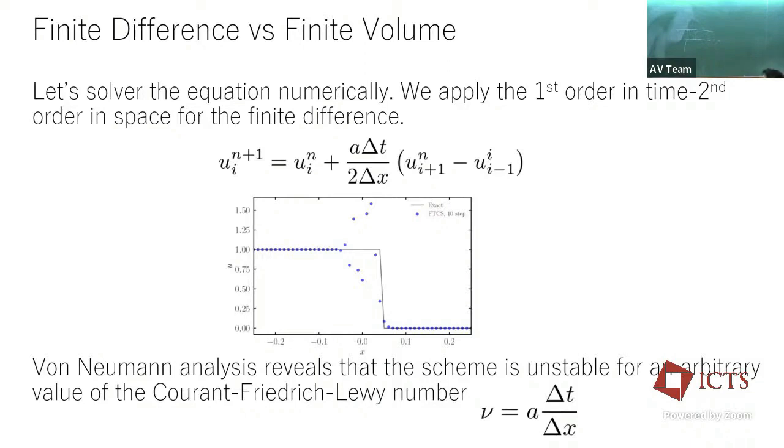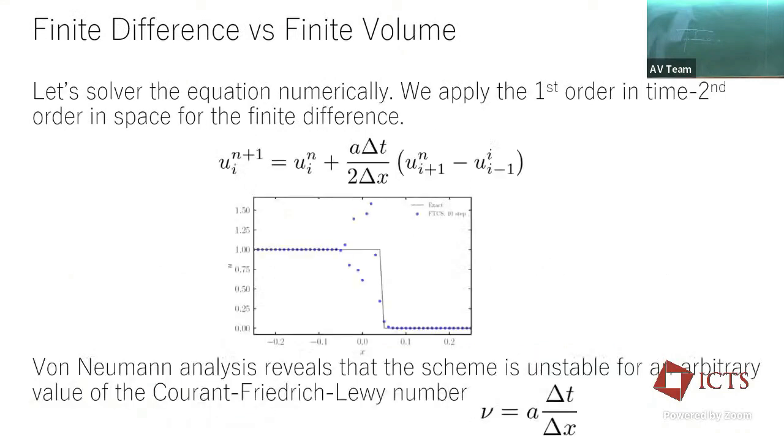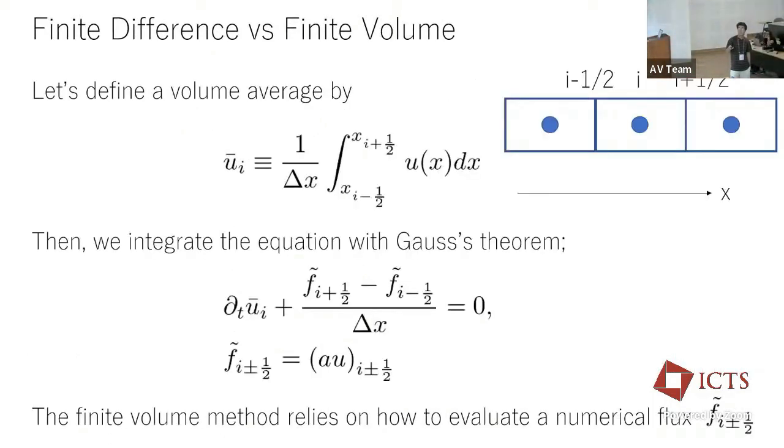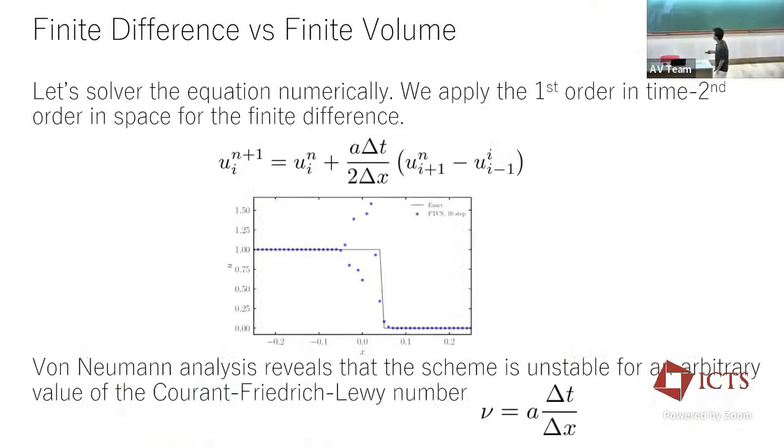The discretization in space is given by these equations. Using Taylor expansions at these points, you get this discretization form plus some truncation error. This is the basic of the finite difference.